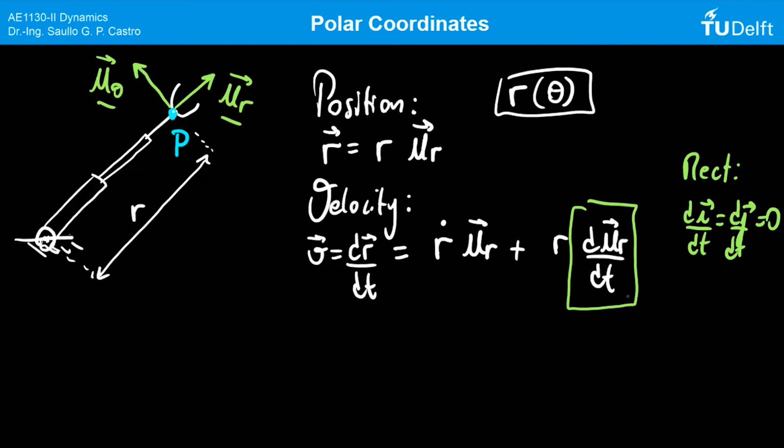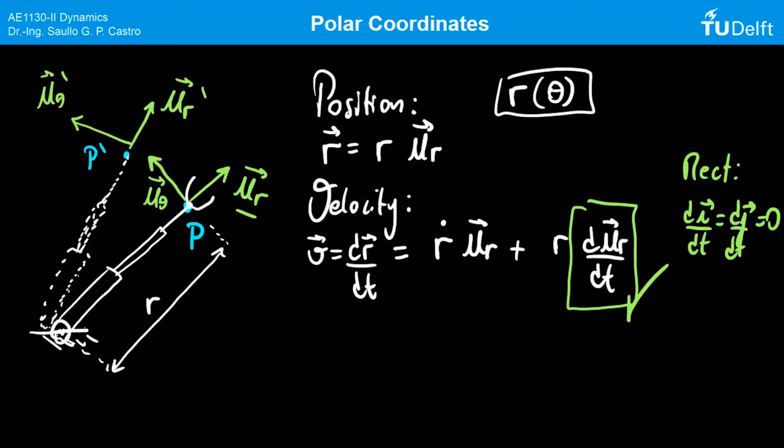Let's now find out how the base vector changes with time here. Consider that the robotic arm has moved from point P to point P prime, shown here. Let's now project the new position of our base vectors onto the original position.